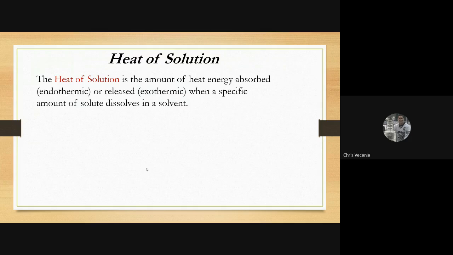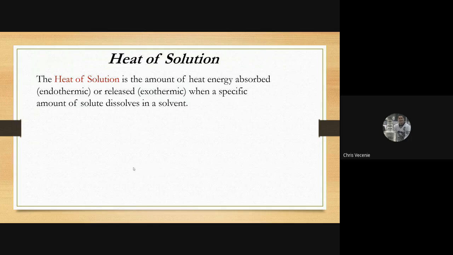We tend to heat them, they dissolve better, or they're taking in heat from the surroundings when the dissolving happens. Exothermic heats of solution release heat whenever they dissolve. The two substances break down, and sometimes it takes in heat, making it colder. Sometimes it releases heat, making it hotter.